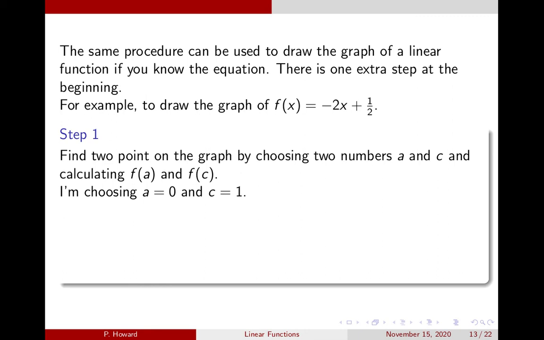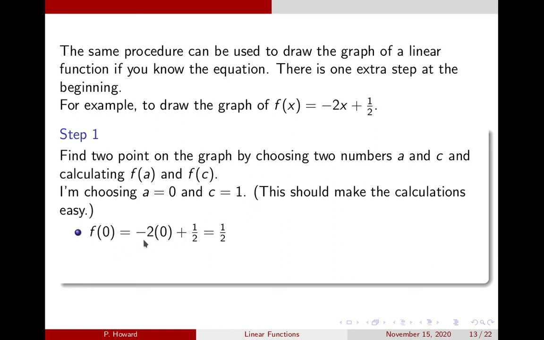When I'm doing this, I frequently choose a equal to 0 and c equal to 1, because calculations with 0 and 1 are usually pretty easy. Okay, choosing a equal to 0 and c equal to 1, and having this formula for f of x, we know how to calculate f of a, or f of 0, and how to calculate f of c, which would be f of 1.